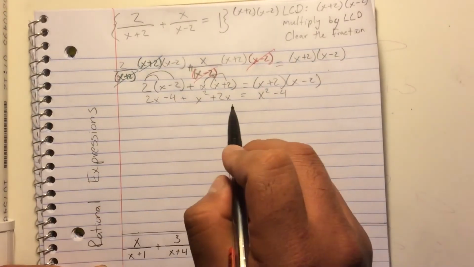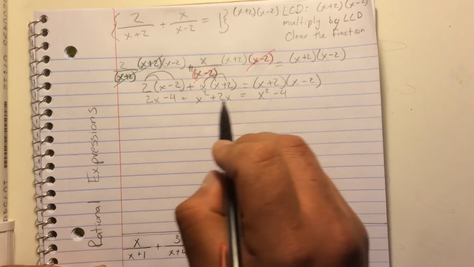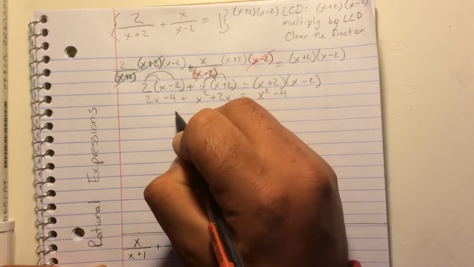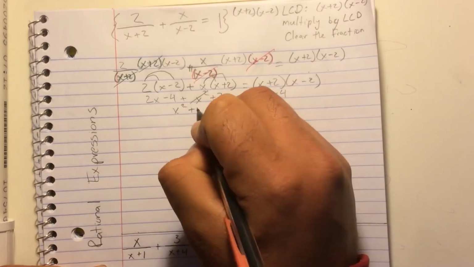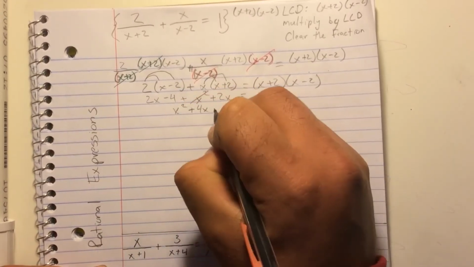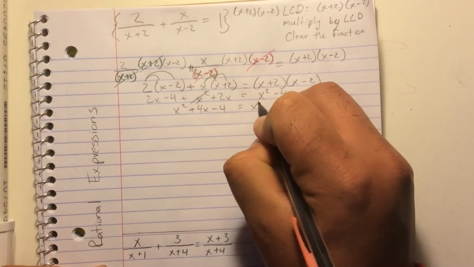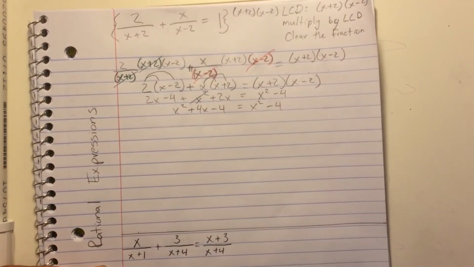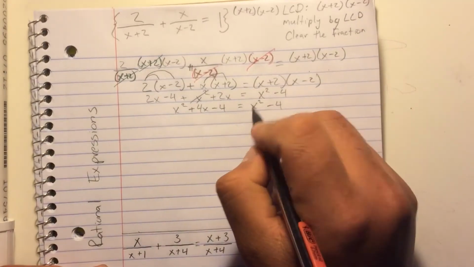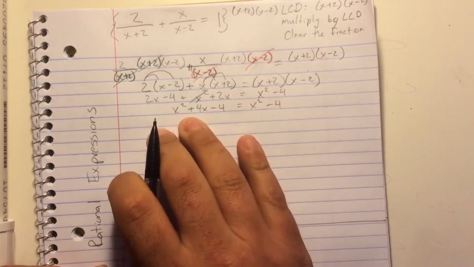Now we're going to combine like terms, so our x squared goes first. Then 2x plus 2x is 4x, and then minus 4 equals x squared minus 4. I'm coughing a lot today. Now we're going to move everything from the right side over to the left side.